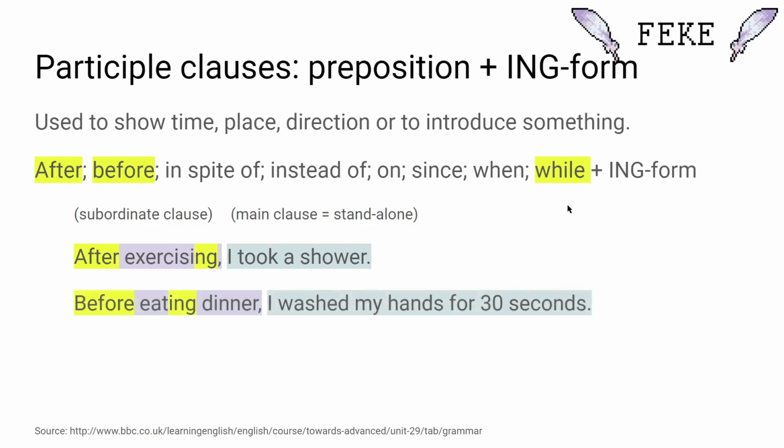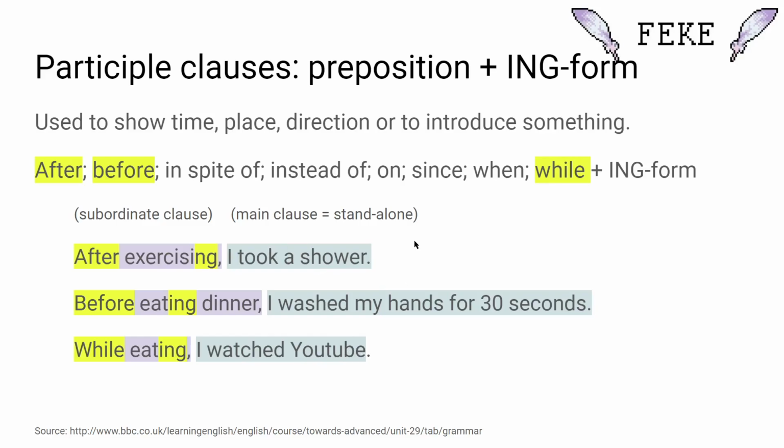Here, another example, we can see that this helps us understand the time aspect as well. So before eating, before ing. So before eating dinner, I washed my hands for 30 seconds. And finally, while eating, I watched YouTube, giving us an idea how these relate to one another.